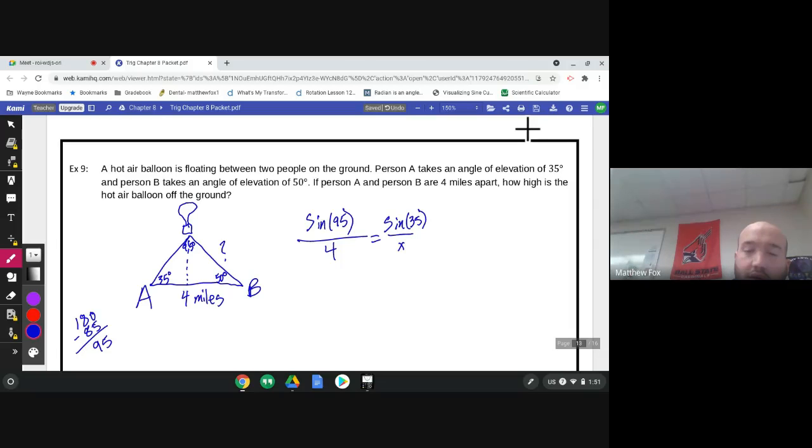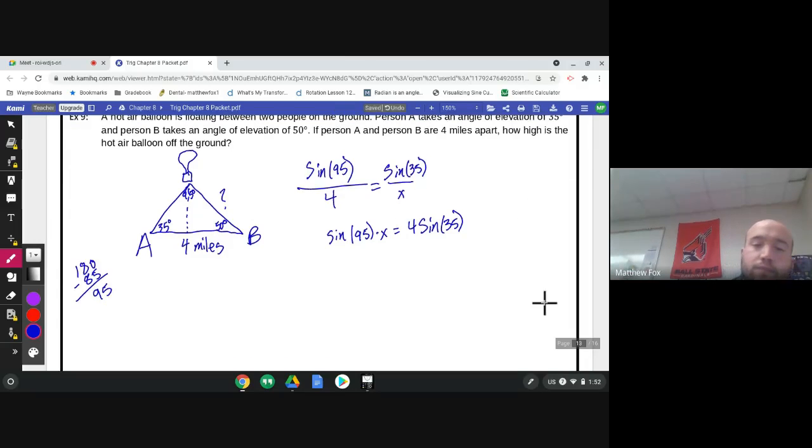And sine of 95 times X equals 4 sine of 35, divided by sine of 95.